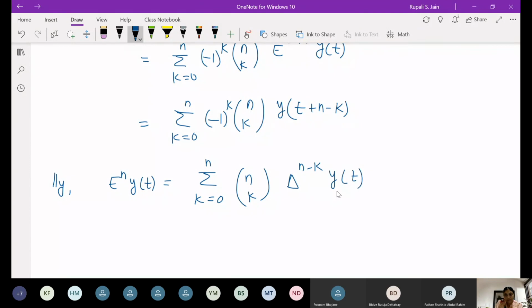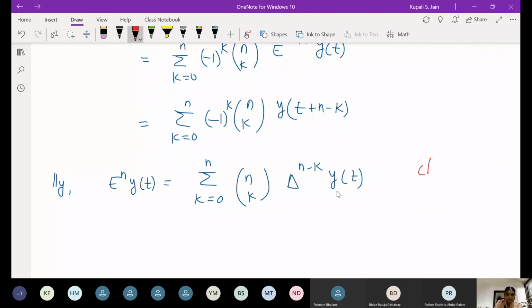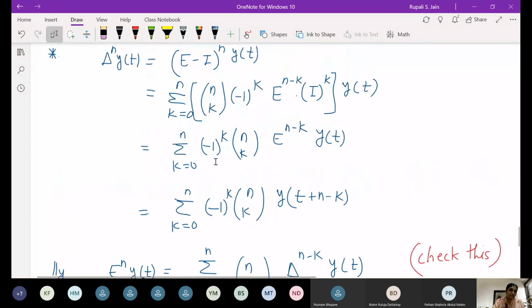Check this. You can check this today. Now e raised to n I have written in terms of delta, and here delta I have written in terms of e.